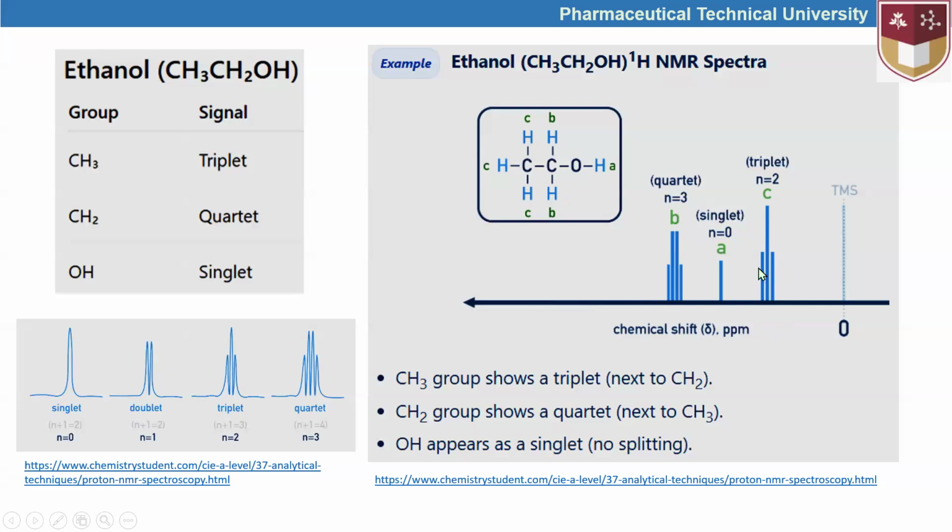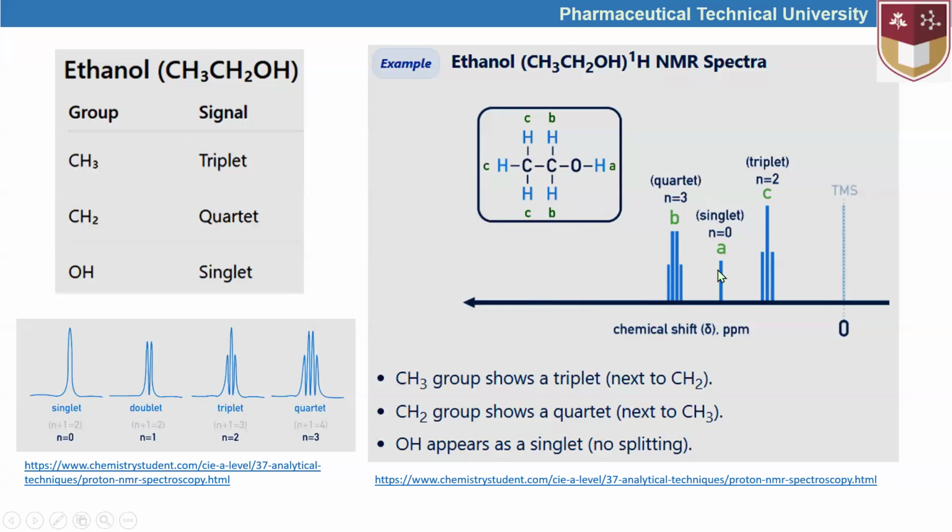We must not exchange triplet and quartet by the meaning. Triplet belongs to the 2 plus 1 category, 2 neighboring hydrogens plus 1, and B quartet belongs to the 3 plus 1 category, 3 adjacent hydrogens plus 1.